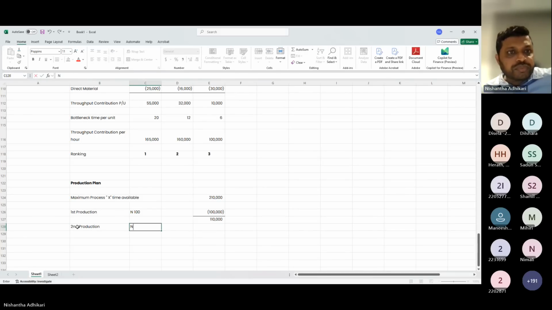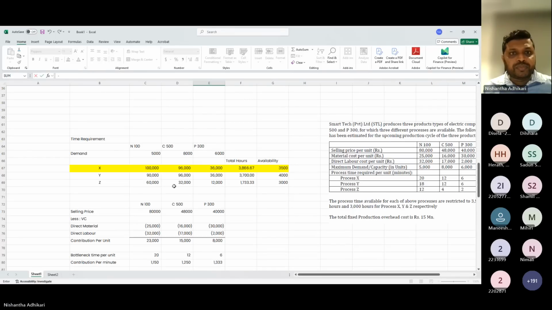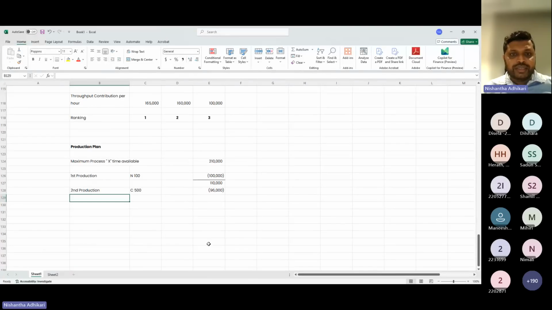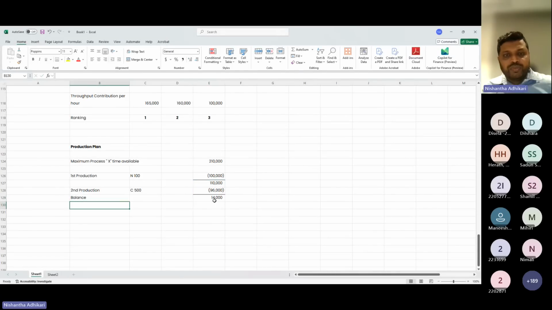Then the next one, second production: not N, it is C500. How many minutes will you use? 8,000 units into 12 minutes each is 96,000. Balance available 14,000.